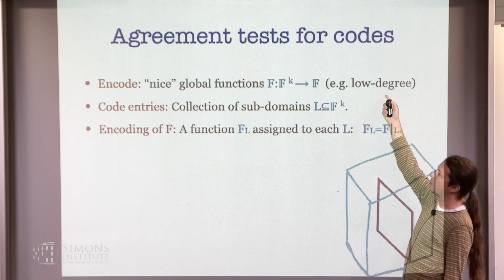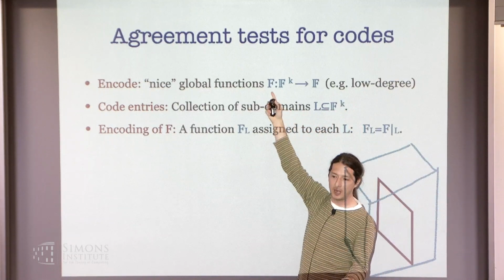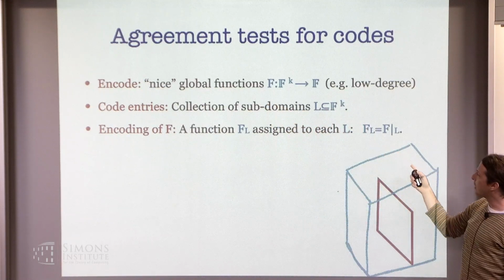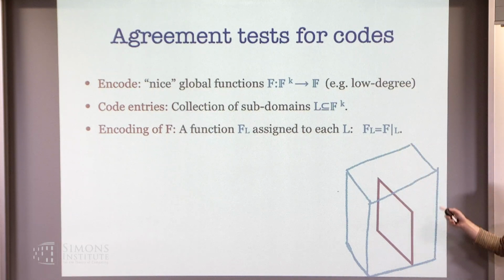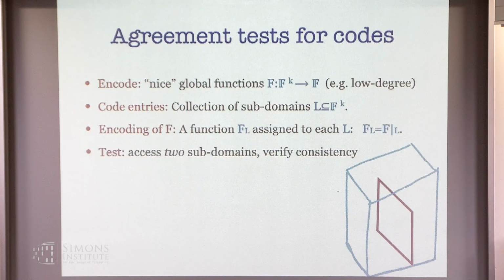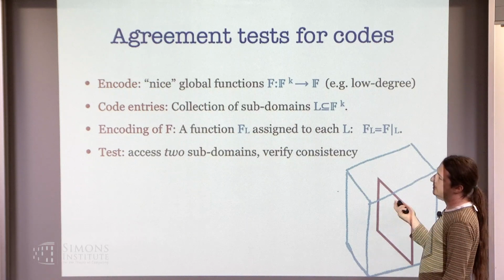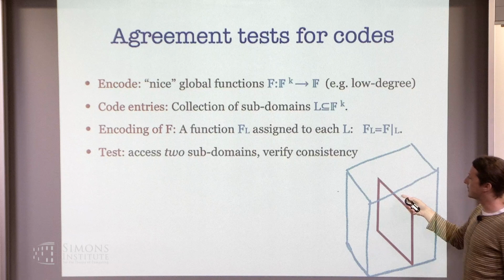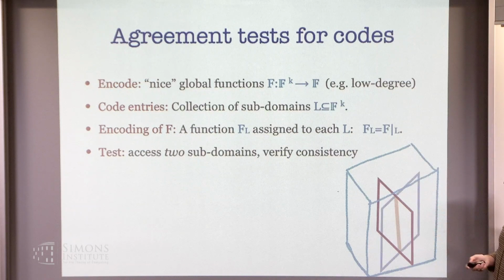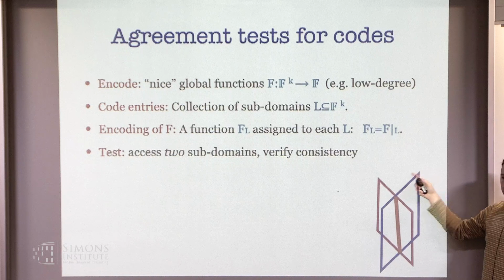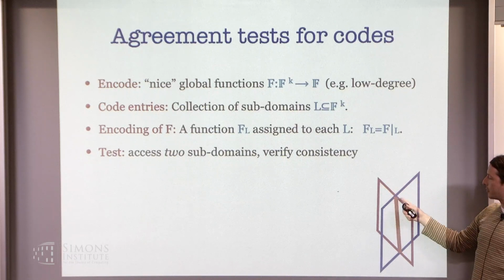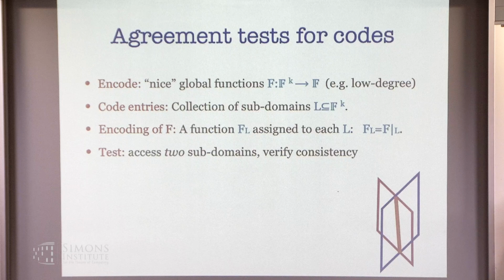So if, for example, this is the set of functions of degree 5, we will only allow restrictions that are 5-degree polynomials on these subsets. And then the test will choose by some distribution 2 different subdomains that have some intersection and do the obvious thing, which is to test that the assignment that we have on one subset and the assignment that we have on the other agree on the intersection. So that's an agreement test.